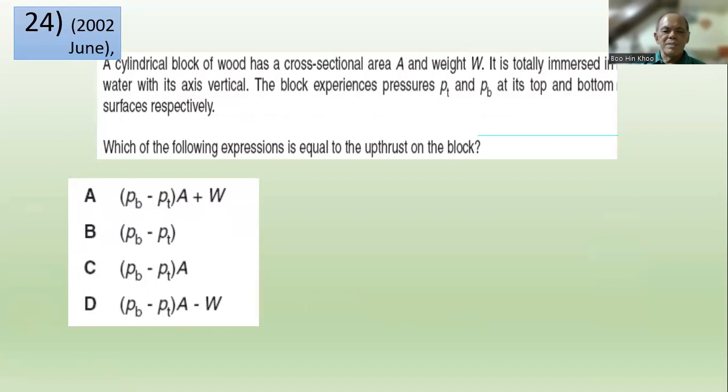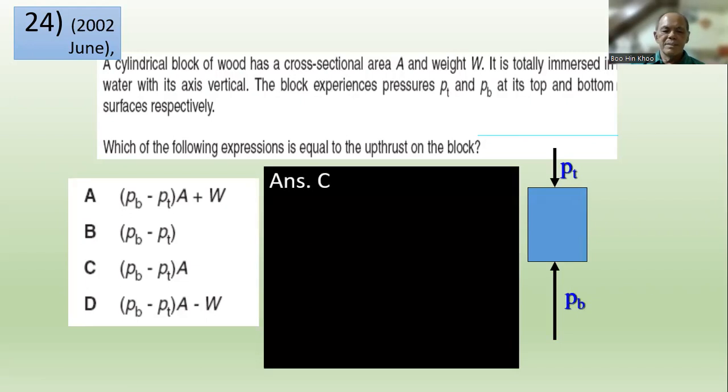The block experiences pressure PT at the top surface and PB at the bottom surface respectively. Which of the following expressions is equal to the upthrust? There's a block, roughly draw it there so you can see what is happening. That's PT, pressure at the top, and pressure at the bottom. So answer is C.